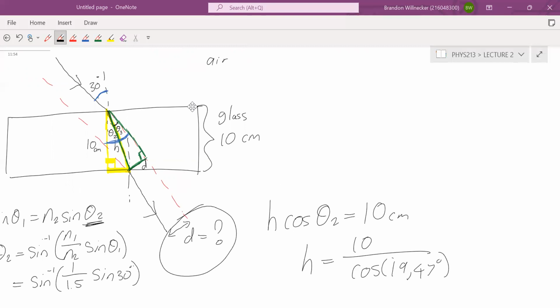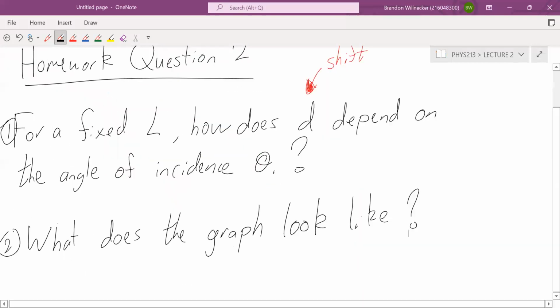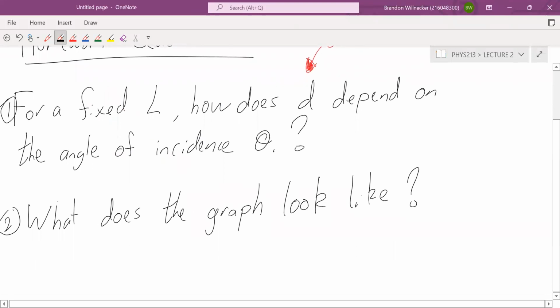What happens as this angle goes to 90? What happens to the shifting? Is there a maximum shift? Does the shift go to infinity? What goes on? So what does the graph look like? In other words, D versus θ1 for 0 less than or equal to θ1, less than 90.